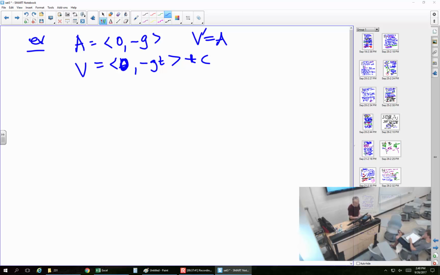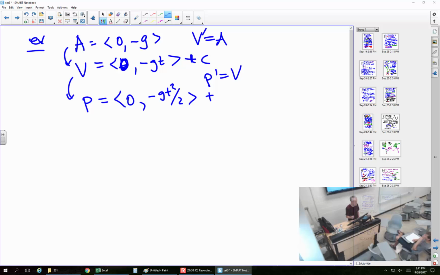Okay, and furthermore now I go to locations, and p prime is equal to v. So the next step is another anti-differentiation, and p is equal to the integral, component-wise. So I'm still going to have 0, right? Negative gt integrated component-wise will be negative gt squared over 2 plus what? No, not c. ct, right? And there is really nothing special about it. c is a constant vector.